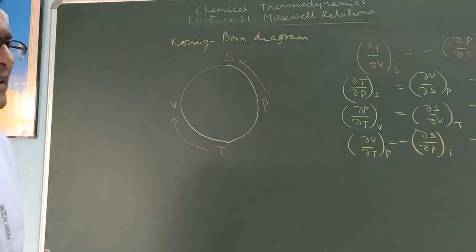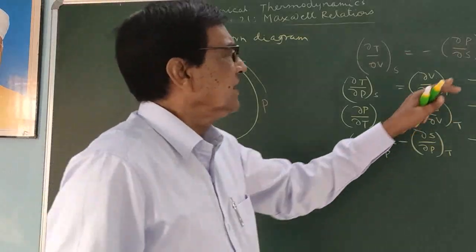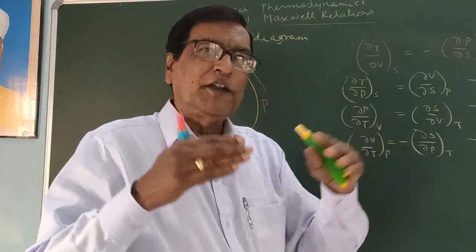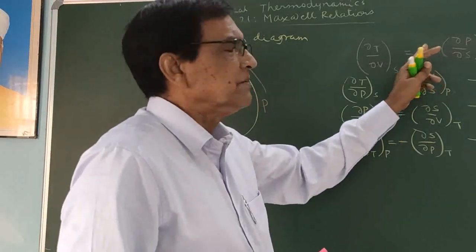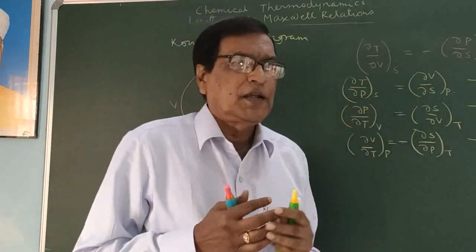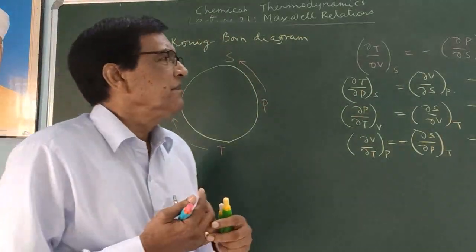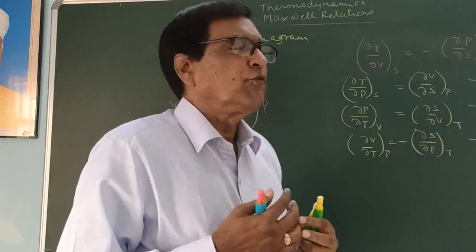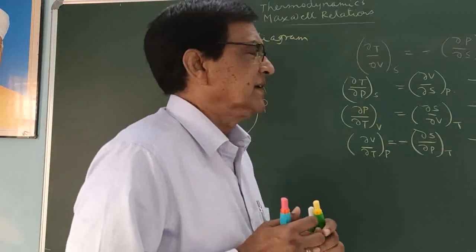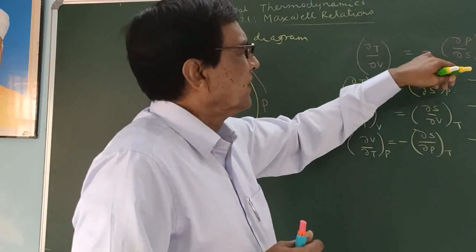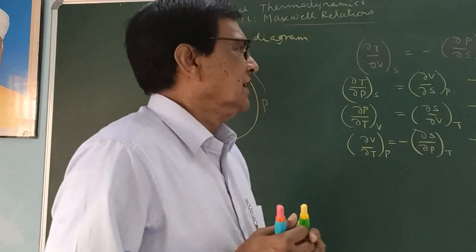And one thing to remember: whenever S and P remain in the numerator and denominator, this term will contain a negative sign. Jokingly, I can say SP means superintendent of police, a very powerful person, so to combat that person, one negative sign is to be given.